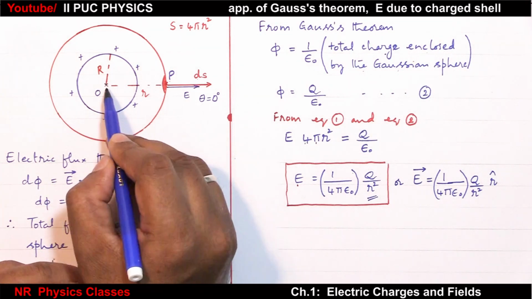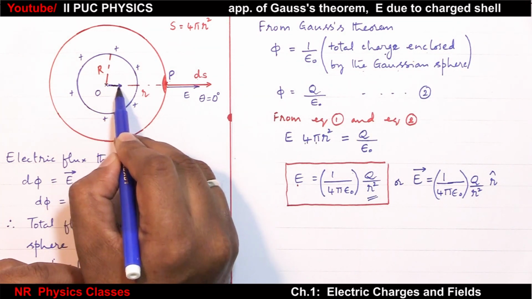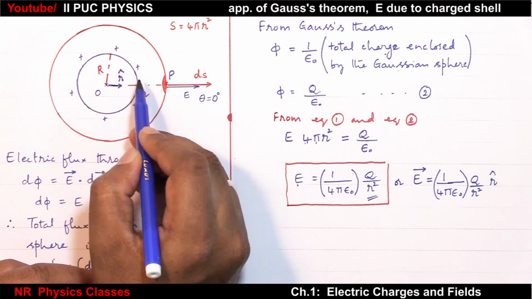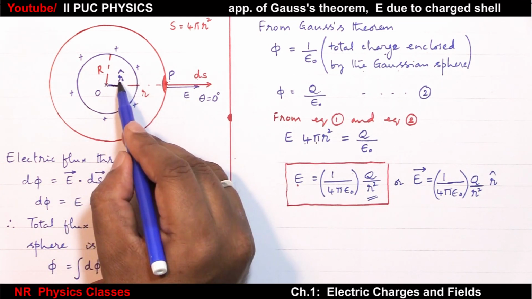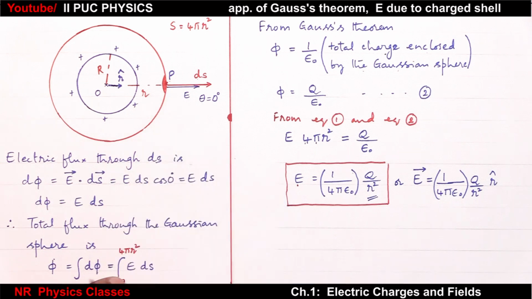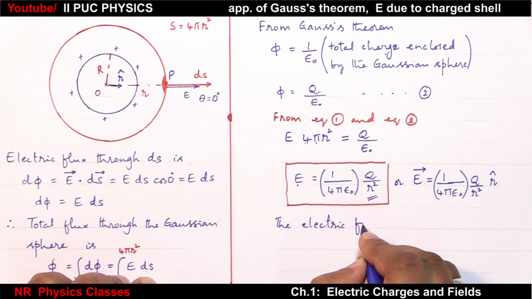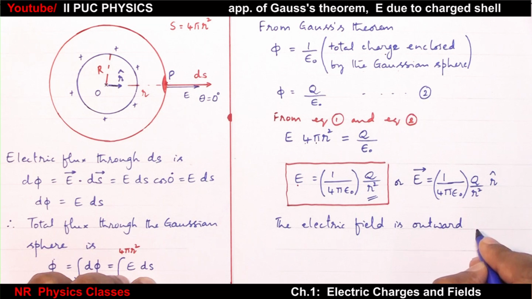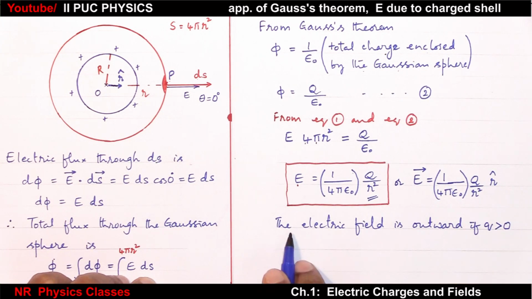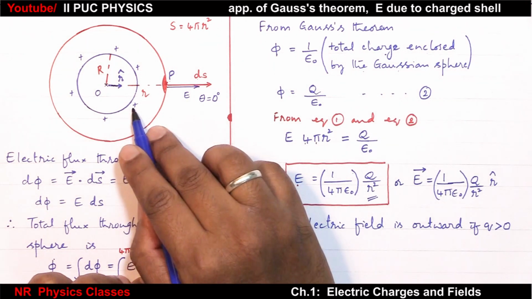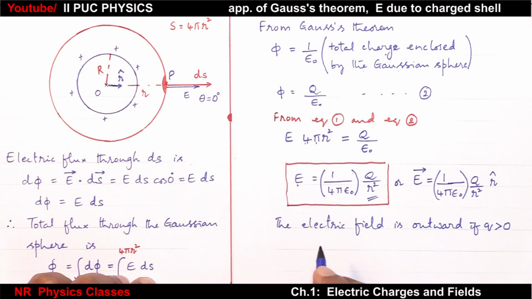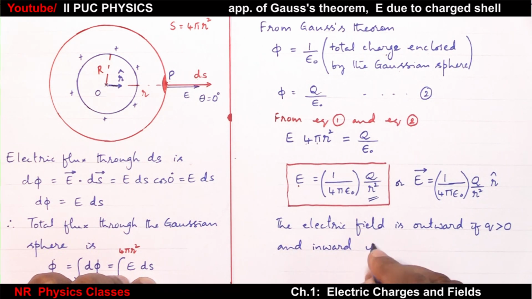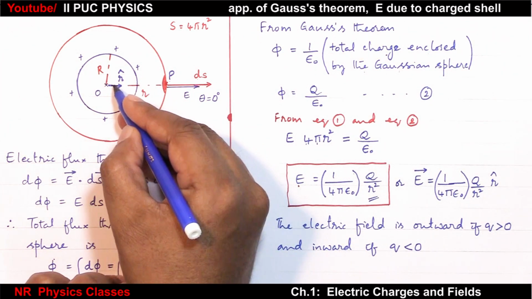In the diagram, r cap is this, the unit vector of the position vector for P. The electric field is outward if Q is greater than 0, meaning for a positive charge, outward electric field, and inward if Q is less than 0. For a negative charge, the electric field is towards the sphere.